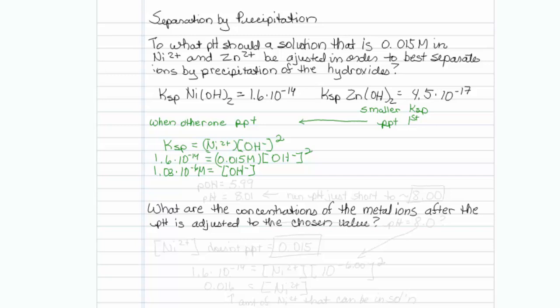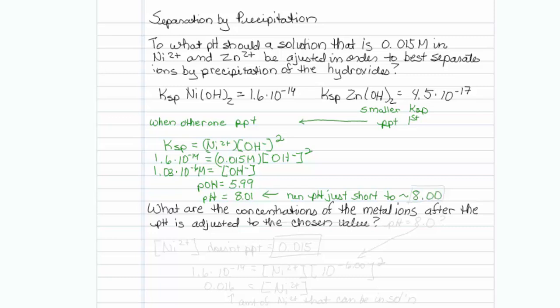And taking the negative log of that, I get that the pOH is equal to 5.99, which means the pH is equal to 8.01. So, my task here is to run the pH just short, to maybe 8.00.